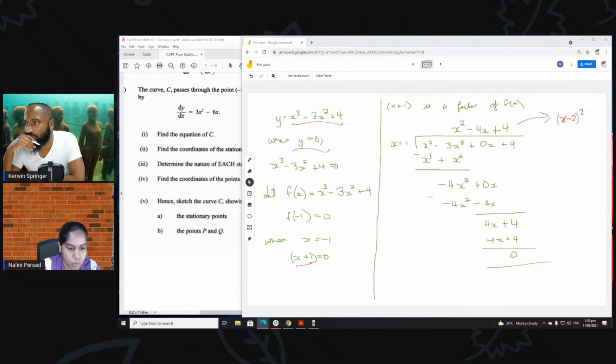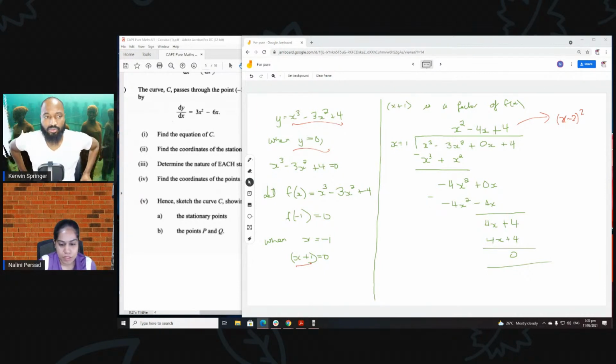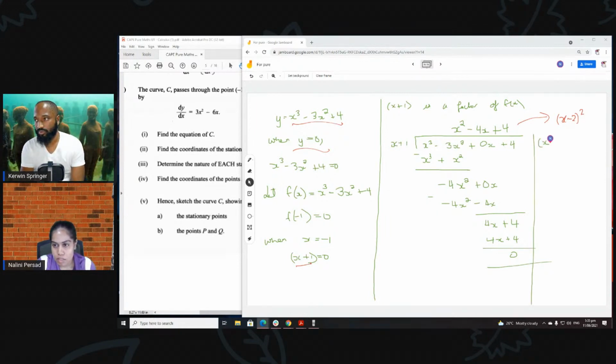So we're going to, this is the difference of two squares. No, well, not difference of two squares. Just a perfect square. Let me write it here then. So you have x plus 1 by x minus 2 whole squared equals 0.